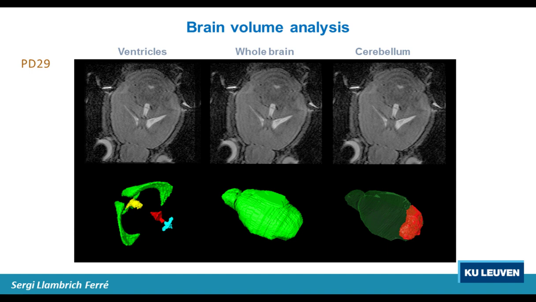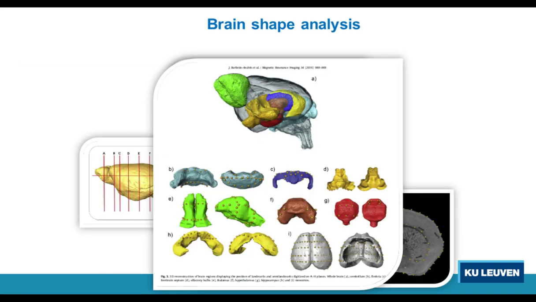For instance, we can segment the ventricles and quantify the volume, which is important in Down syndrome, because patients with Down syndrome have larger ventricles. We can also look at the size of the whole brain, and Sergi also analyzes the cerebellum to quantify all these biomarkers that we can extract from an MR scan. So that's for the brain analysis.